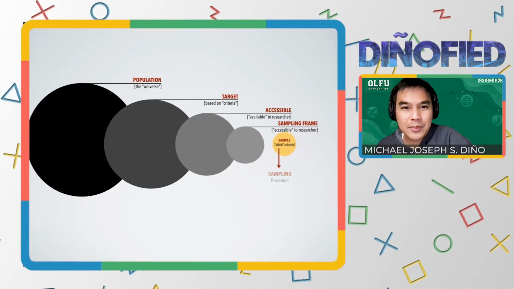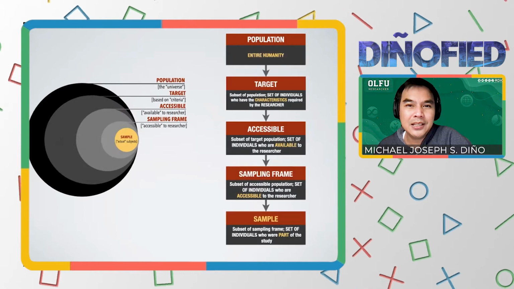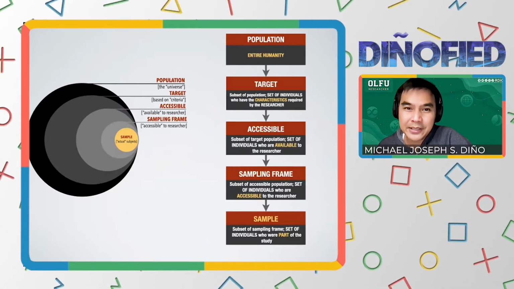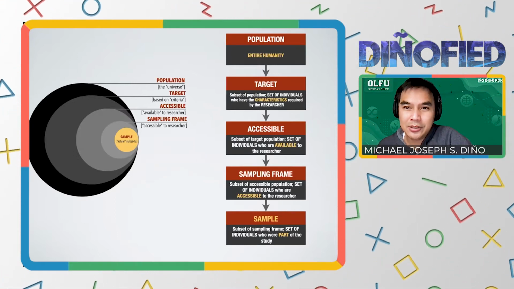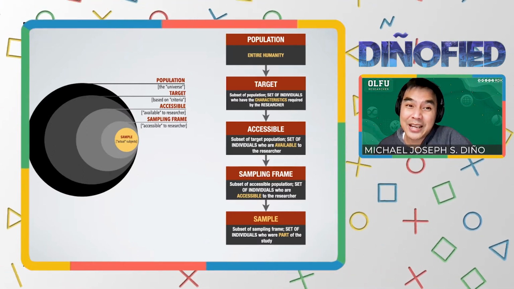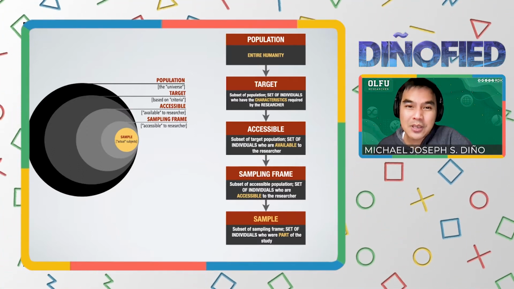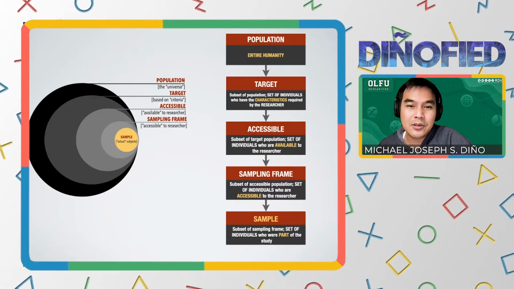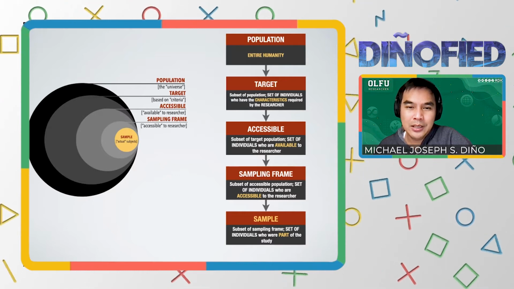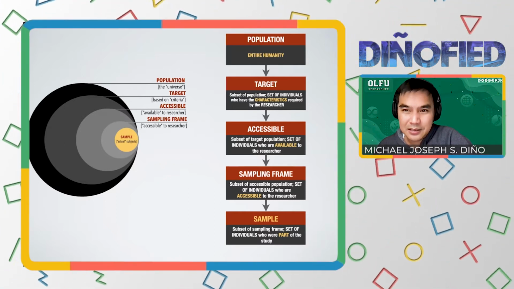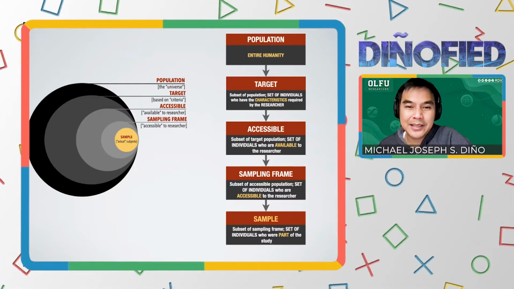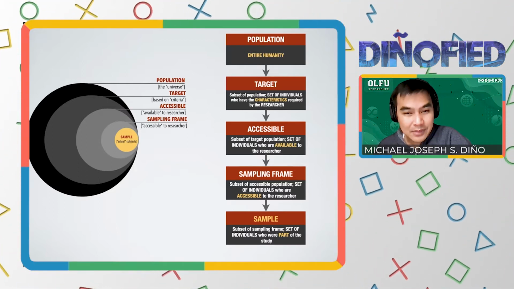Okay? So for me to be able to graph that beautifully, so when you say population, that is entire humanity. When you say target, it's a subset of population or set of individuals who have the characteristic required by the researcher. So yung criteria ng study nyo. And we also have what you call the accessible population, those that are available to the researcher. And part of that accessible cohort would be a group of respondents that are readily accessible to you.